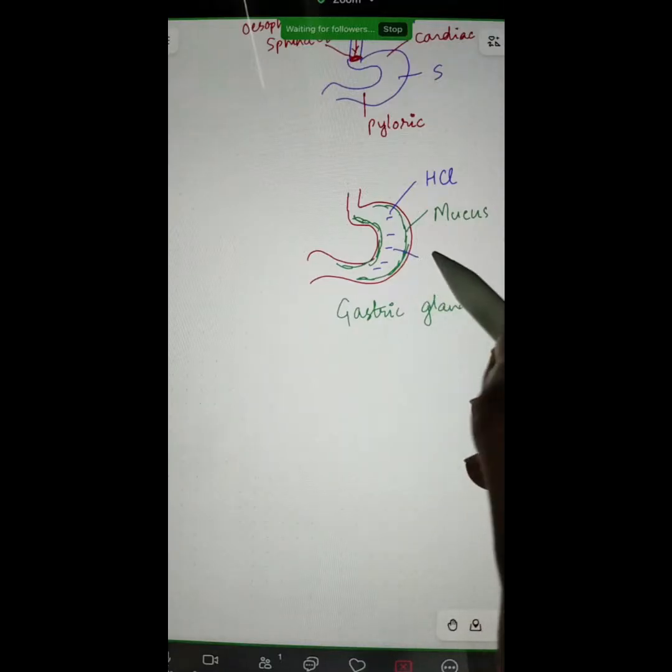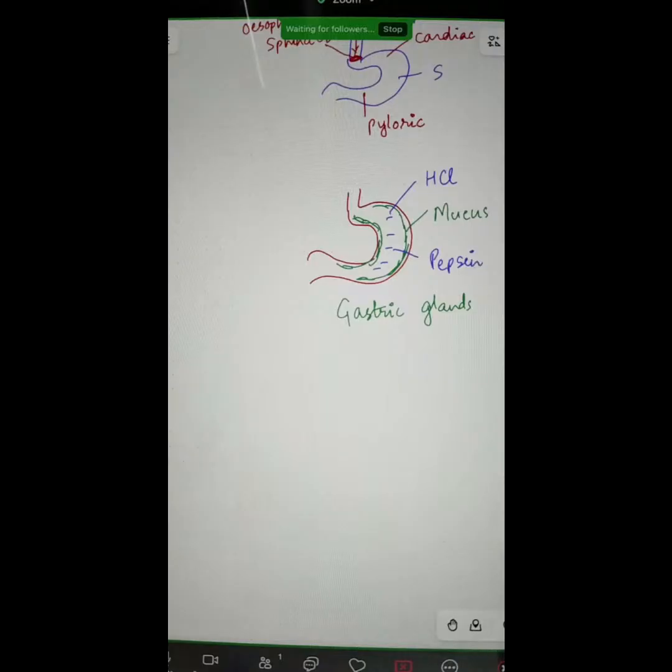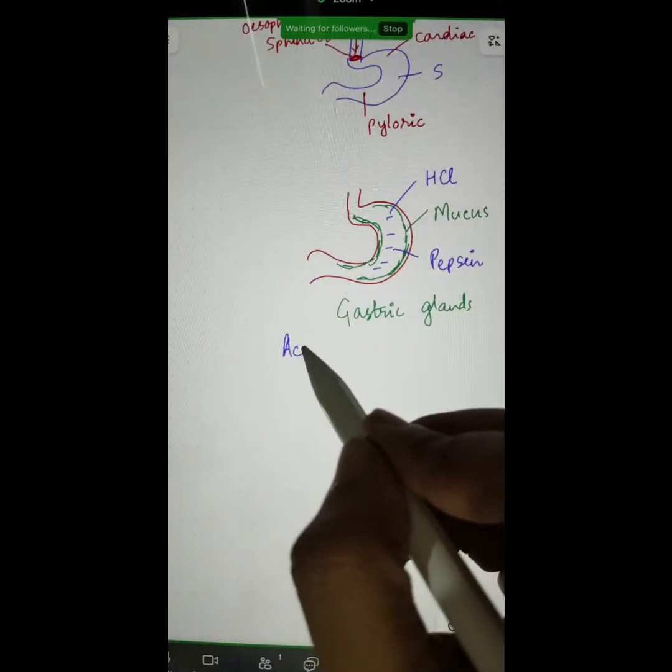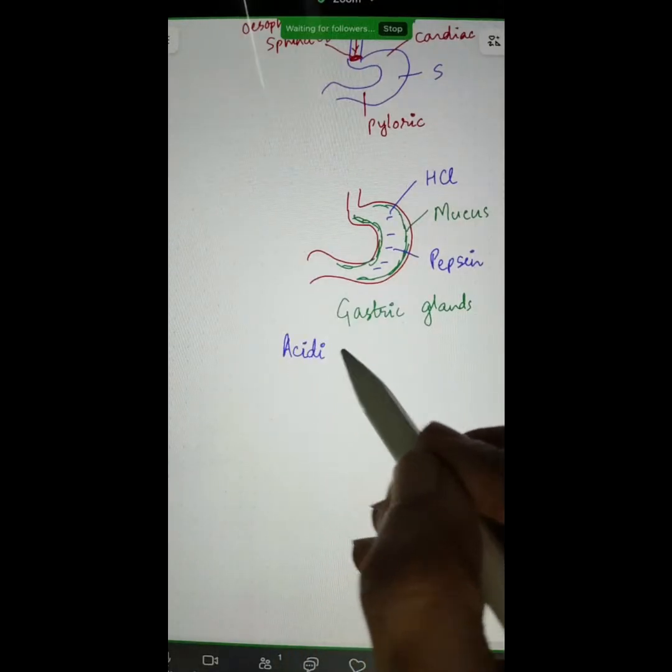And which enzyme is found in the stomach? It is pepsin, right? So the stomach will receive the food, and here what do we have? We have HCl or hydrochloric acid. The boundary of the stomach is lined by mucus. Which enzyme does it have? Pepsin. And the pH is strongly acidic.